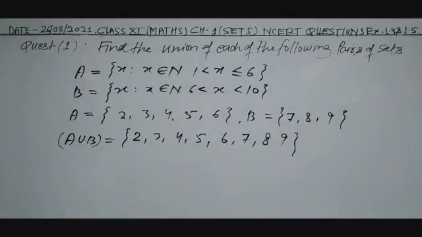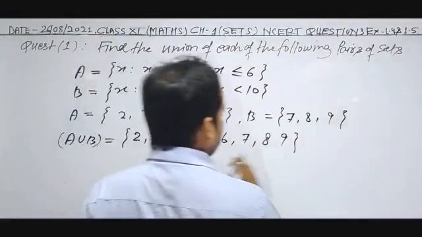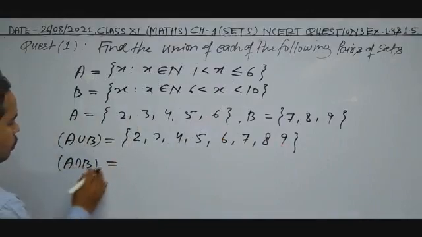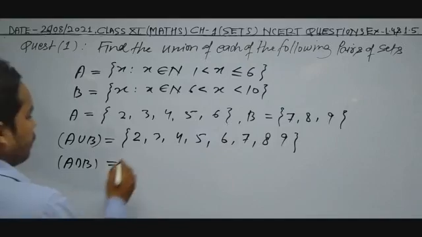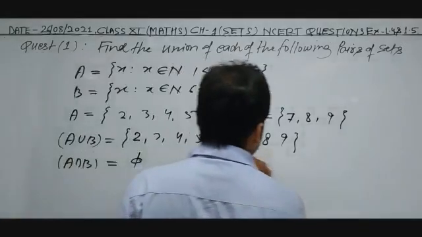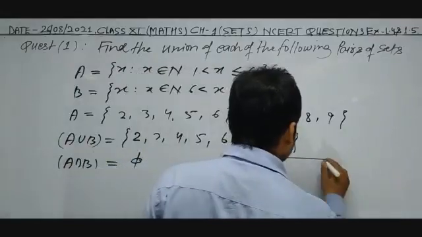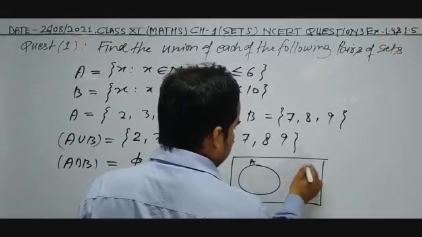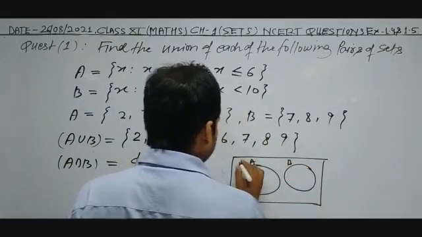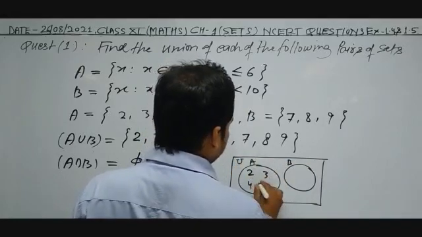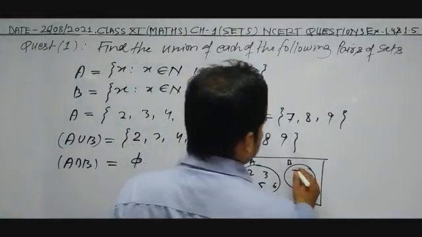Suppose you have to find A intersection B. A intersection B will be empty, because there is no common element in both A and B. Now when you draw the Venn diagram for non-empty sets A and B, this is the union, with 2, 3, 4, 5, 6 and now 7, 8, 9.